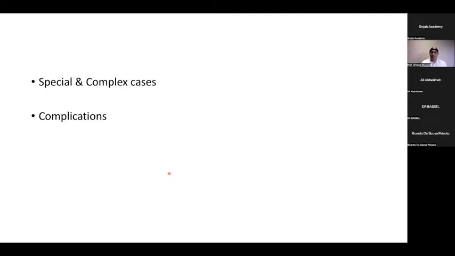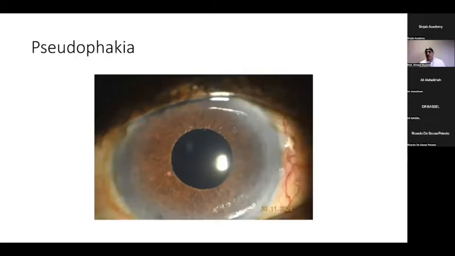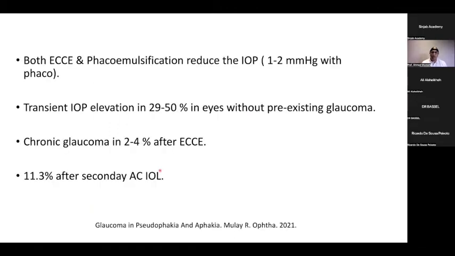Every approach has its pros and cons. Now, I wish first of all to discuss, regarding the special cases, a patient who is pseudophakic, because I see lots of those patients in the literature. So this patient is pseudophakic and has pseudoexfoliation with uncontrolled glaucoma.